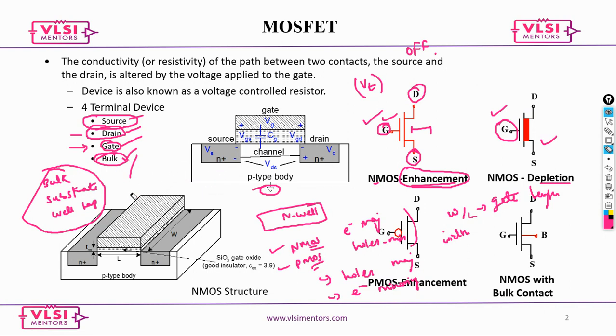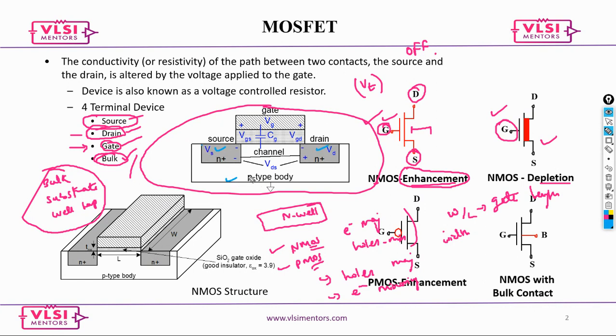Okay, so before we go there, look at this particular picture. This is how your cross-sectional view would look. See, this is your P-type substrate, and this is going to be a source, and this is going to be your drain.